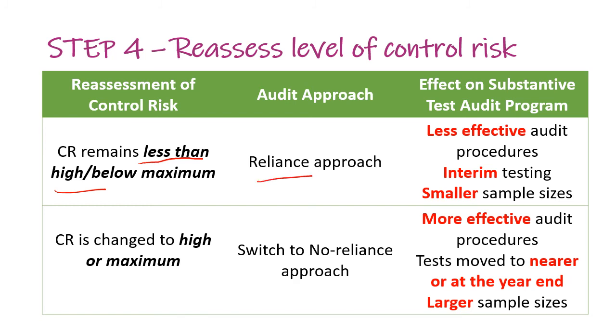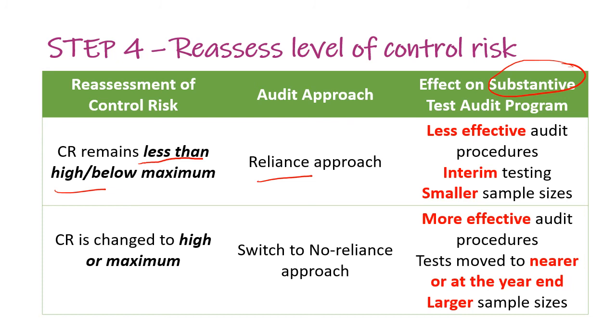So, salig ka. So, tanaw nimo okay ang ilang internal controls. So, what would be the effect on the substantive test? Remember that substantive test comes after the test of controls if there is a test of control being done.